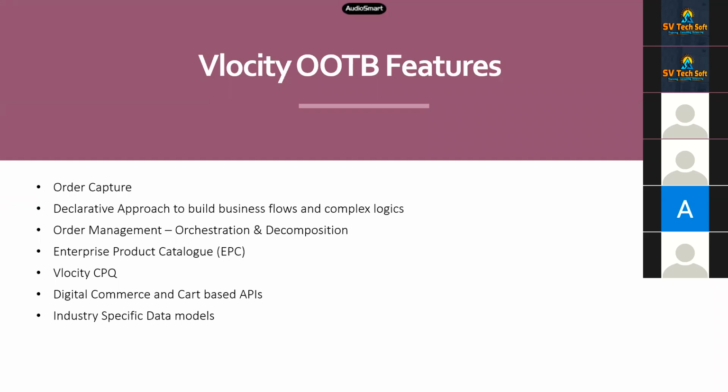Those have to be integrated with Salesforce. But basically what Vlocity covers is from the time a user tries to create an order till you fulfill the order, whatever is required, including the product catalog, all the objects related to the product catalog, pricing, and all the objects related to pricing, all the business logic, order management, and all of these things are provided by Vlocity.